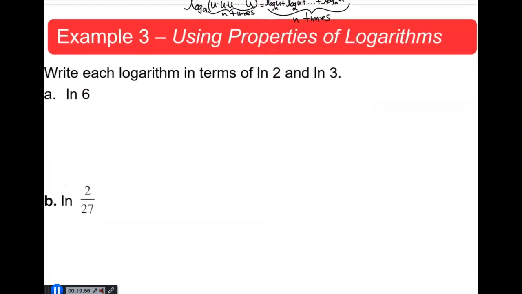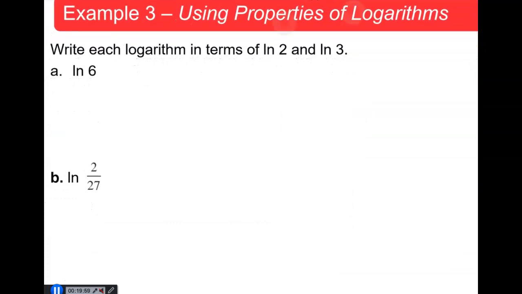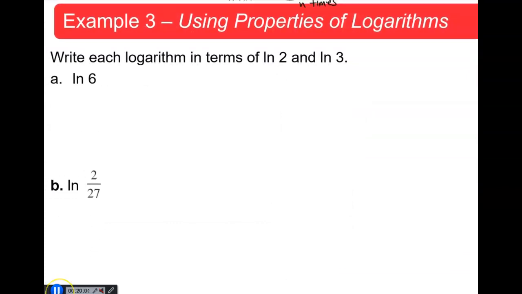So in the next example, we are going to learn how to apply them. We need to write each logarithm in terms of ln of 2 and ln of 3. So we have on our first part ln of 6. We know that if we multiply 3 times 2 for the argument, that will give us 6.